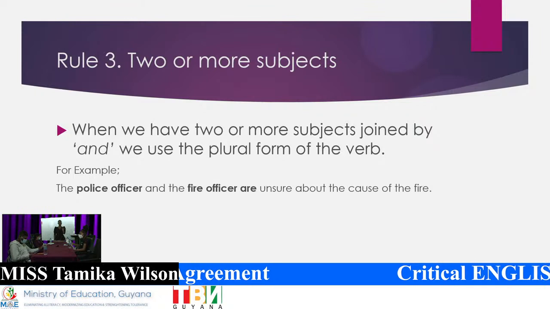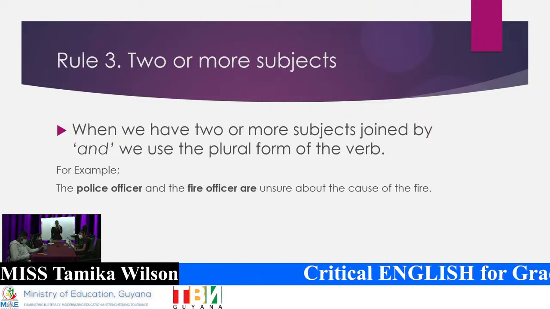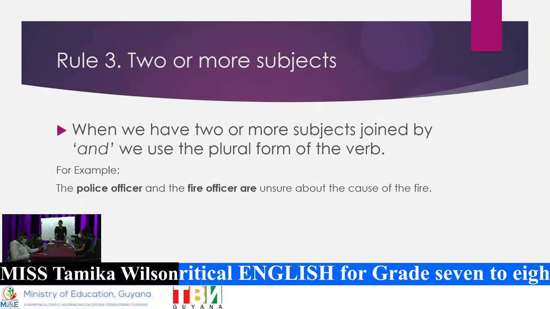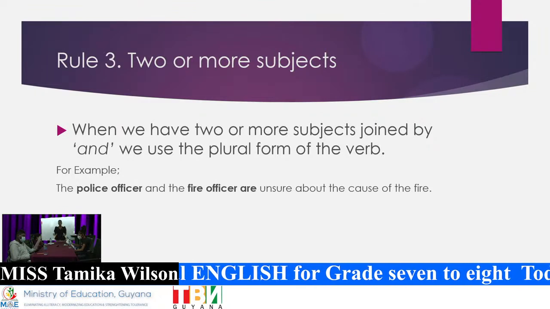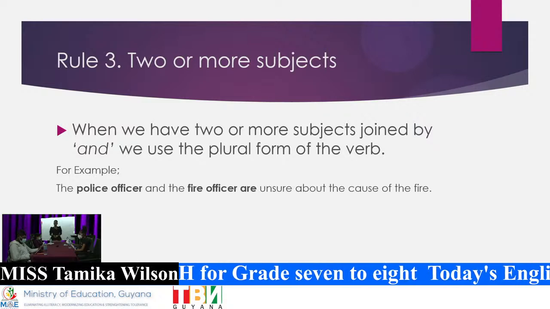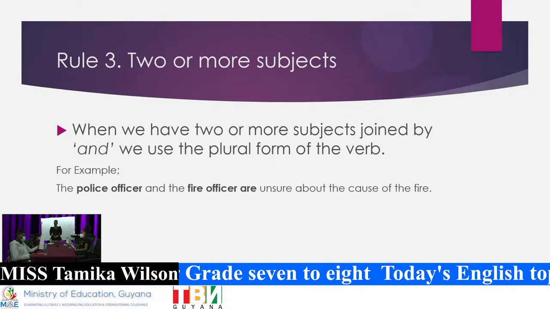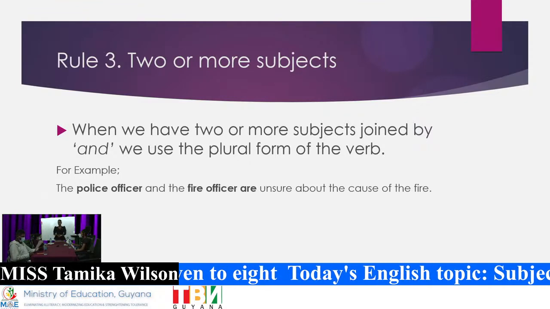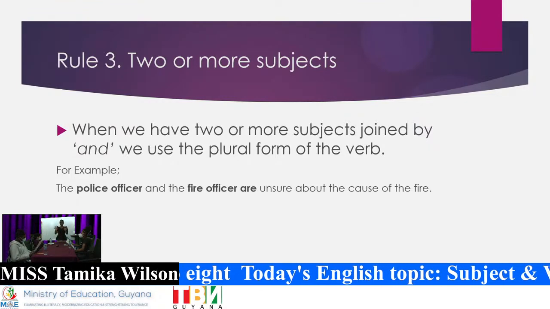The police officer and the fire officer are unsure about the cause of the fire. The sentence is correct as it is. Yes? Why? Because it's two subjects. All right? Let's identify the subjects.